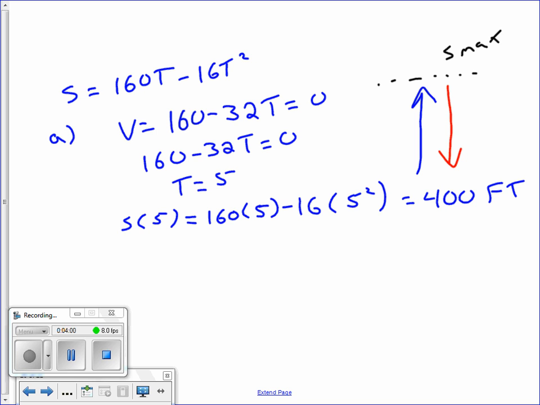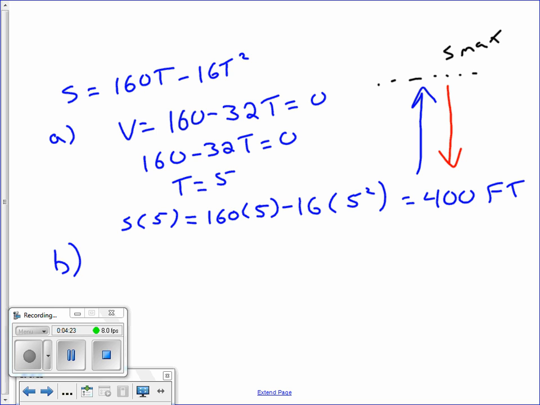Yeah. I know. What do they ask next? What's the velocity and the speed when it is 256 feet above the ground? Well, when they're asking me the velocity when the position is 256, I've got velocity as a function of time.